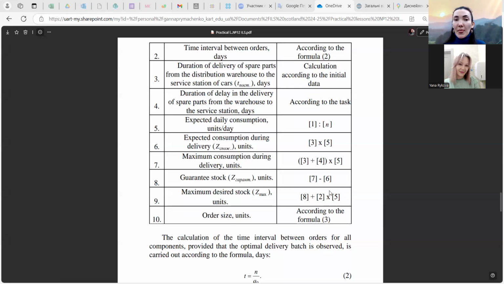And only 2 lines we need to do and we already finish our task. So line number 9 is the maximum desired stock in units. We need to find line 8 plus the result of line 2 multiplied by line 5.